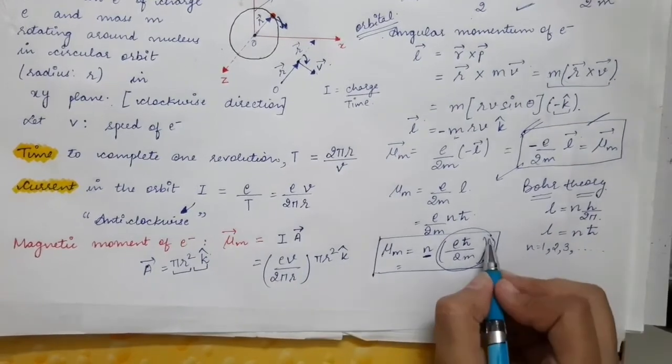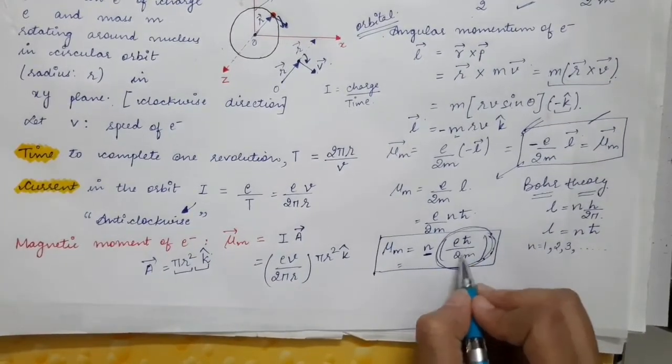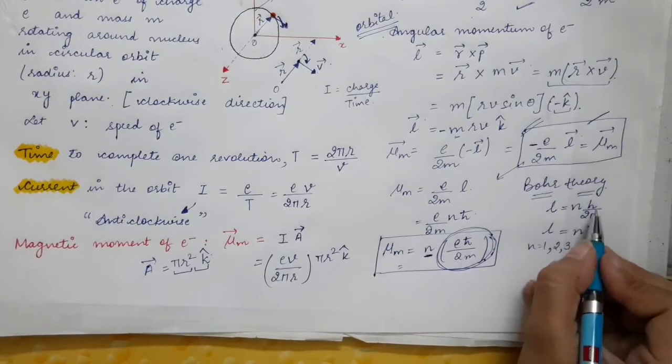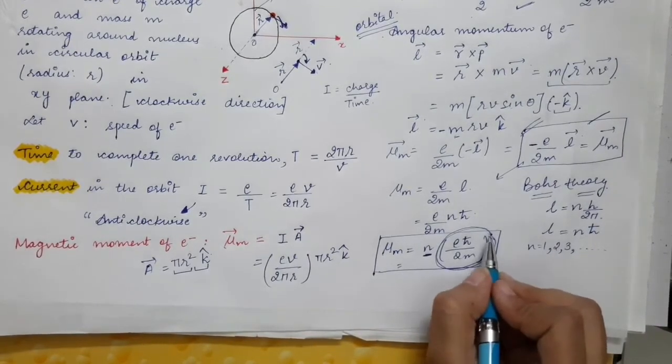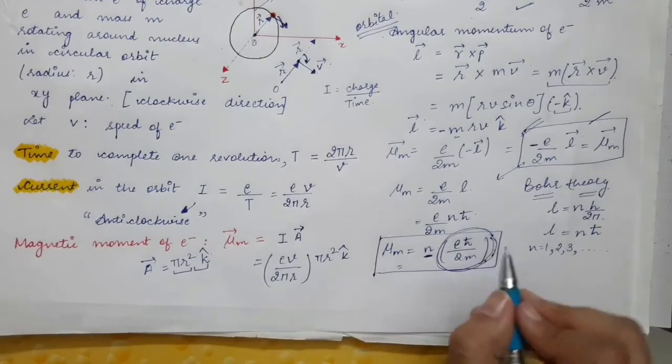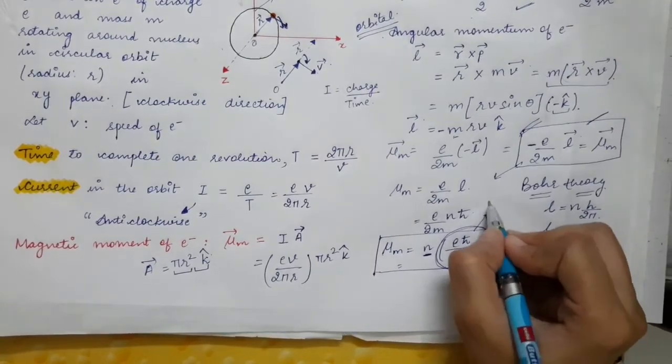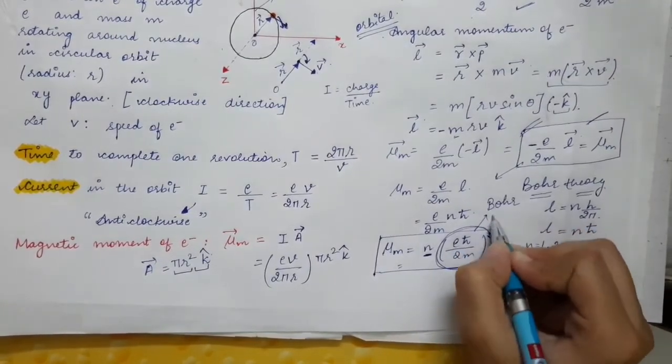Now this particular factor that we have written, e h cut by 2m, where h cut is equal to h by 2 pi, has a very special name, and it is called the Bohr magneton.